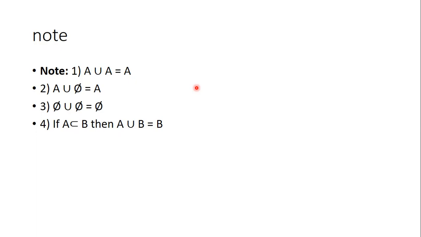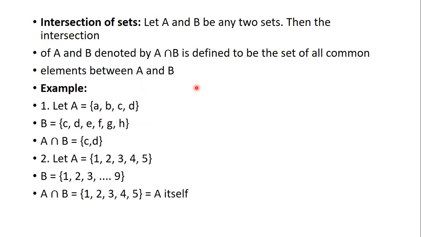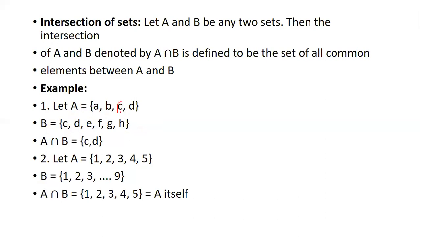So this was the union of sets. Now coming to intersection of sets, here we only write down the common elements. Overall, what are the common elements between two sets? Let's understand with an example. Set A is A, B, C, D, and set B is C, D, E, F, G, H. Out of set A and set B, only elements C and D are common.